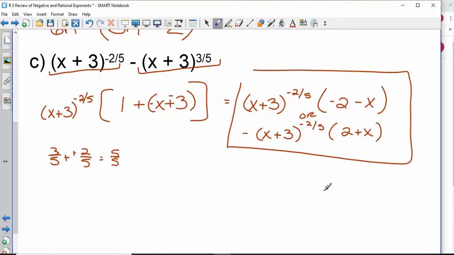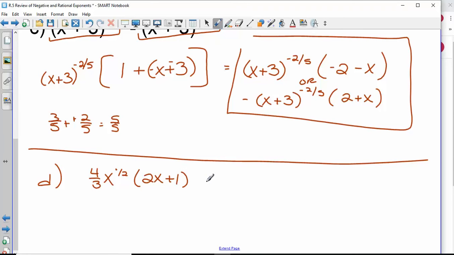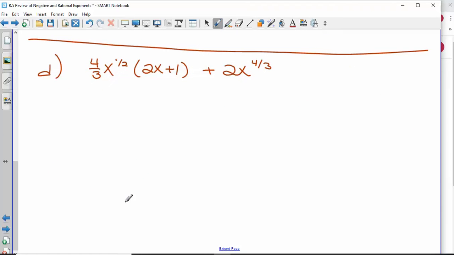Let's do one last factoring example. 2x plus 1 plus 2x to the 4th.